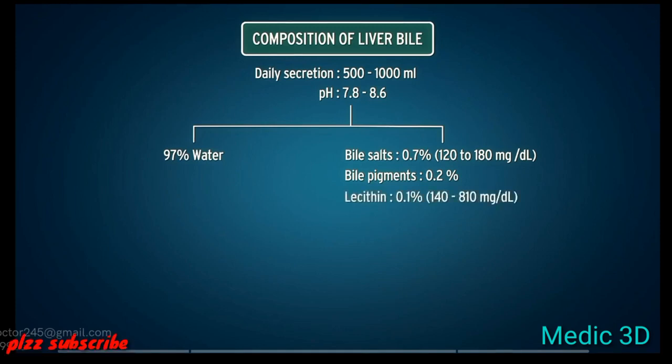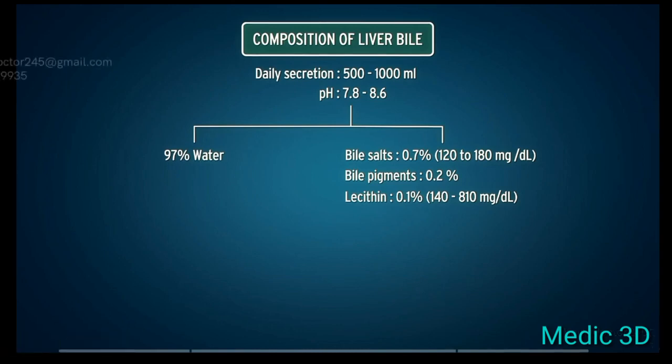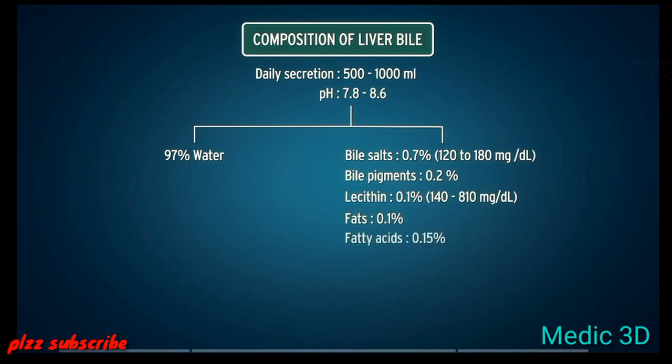Lecithin, a phospholipid, 0.1%, 140 to 810 milligram per deciliter. It is present in inactive form; when converted to lysolecithin it becomes active. It damages the cell membrane. Fats 0.1%.